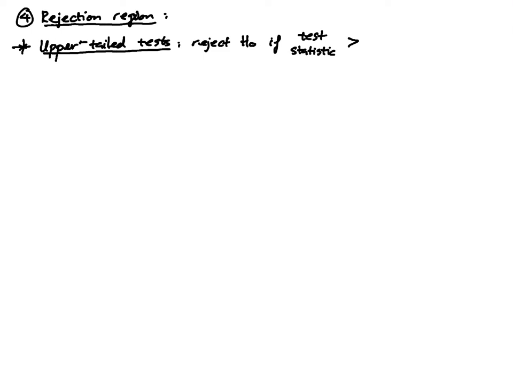And the critical value for an upper tail test is z sub alpha. So if you draw the number line, and if this is your z sub alpha, then as long as the test statistic is above z sub alpha, you're going to be rejecting the null. Now the interval from z sub alpha to, in this case, positive infinity is what we call the rejection region of upper tail tests.